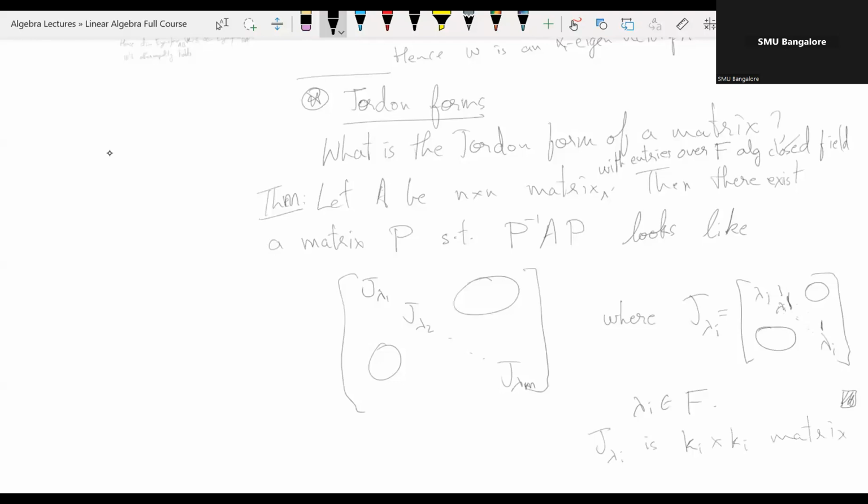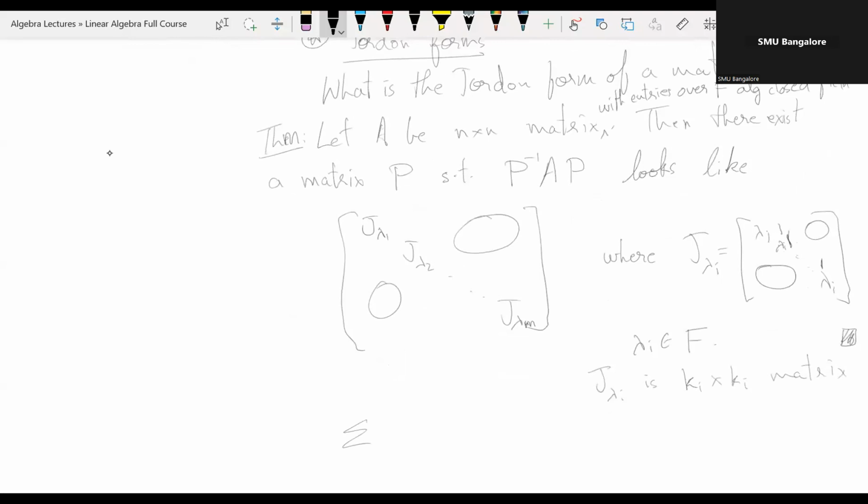What we have is that the summation of Ki, I equals 1 to m, is n. This is the relation between m and n.